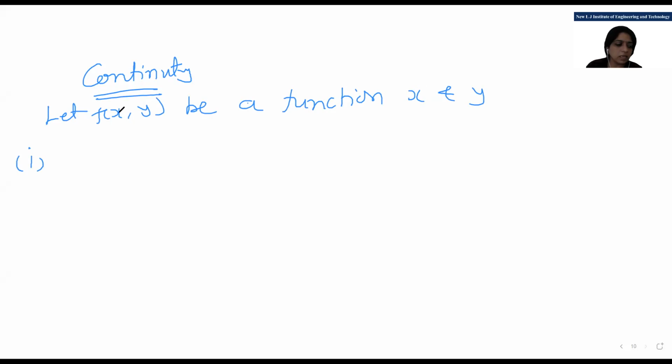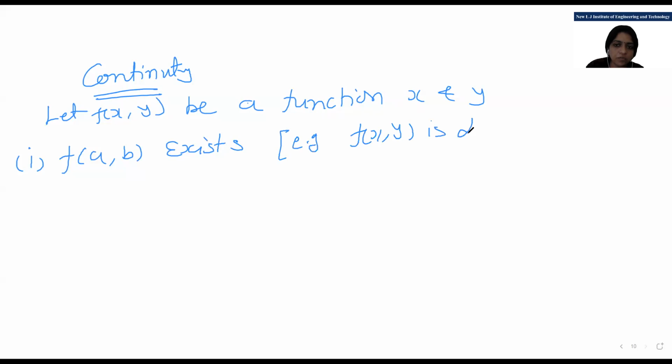If we want to find whether the given function is continuous or not, then first we have to check f of ab exists or not. Or we can say that f of xy is defined at ab. What I mean to say, f of ab exists means our given function must be defined at the point ab.